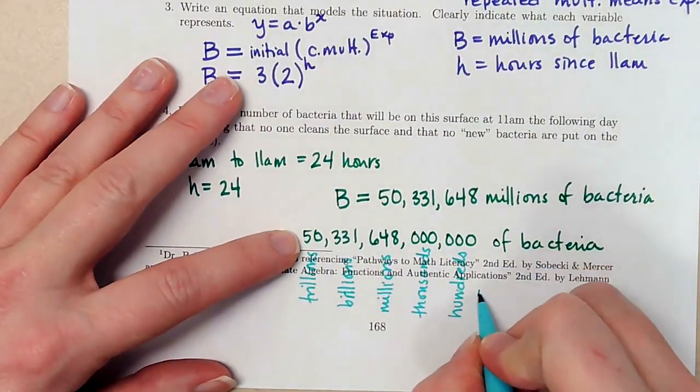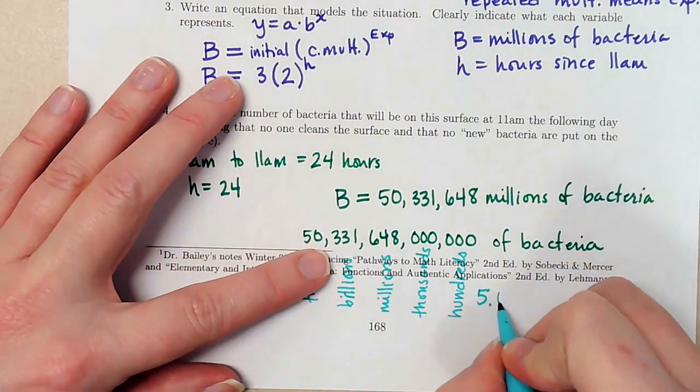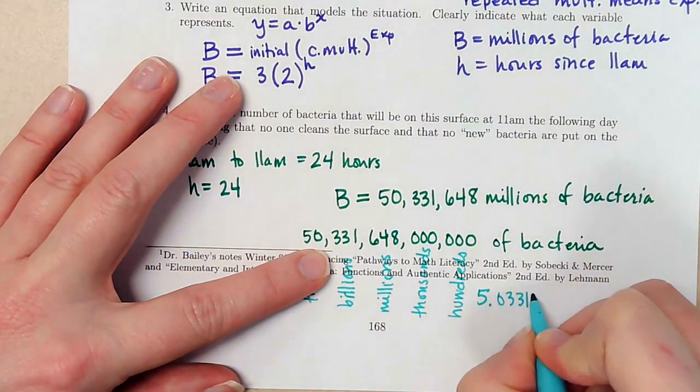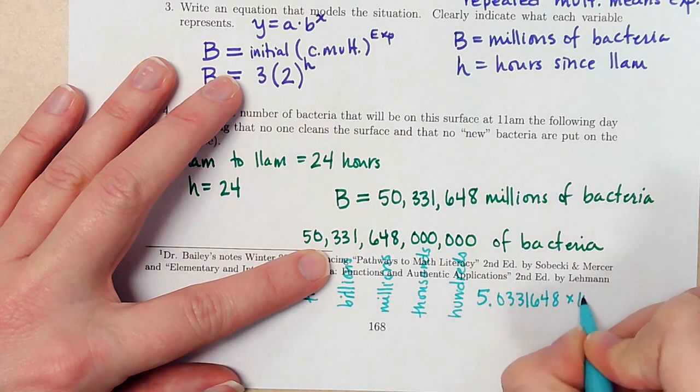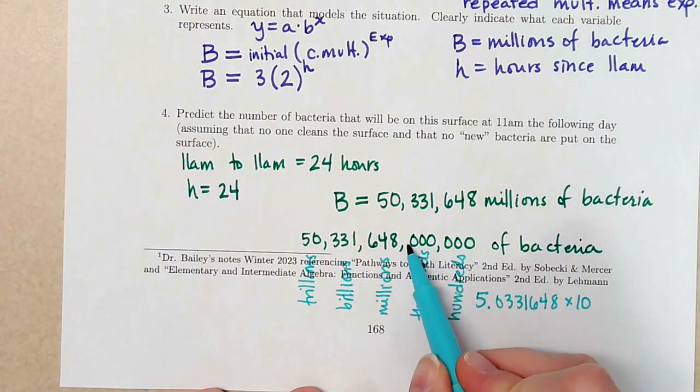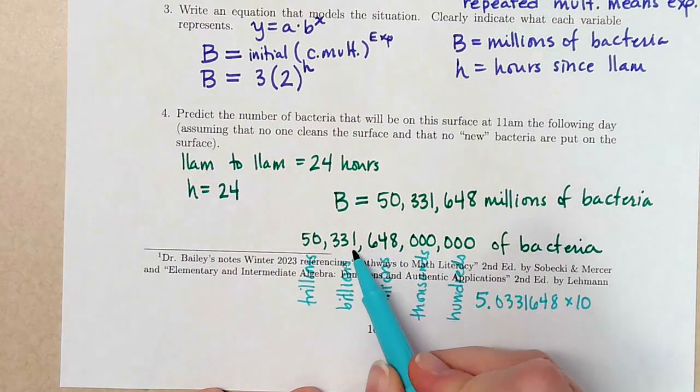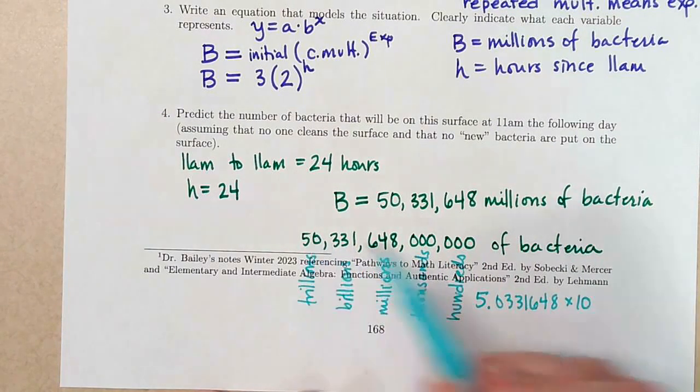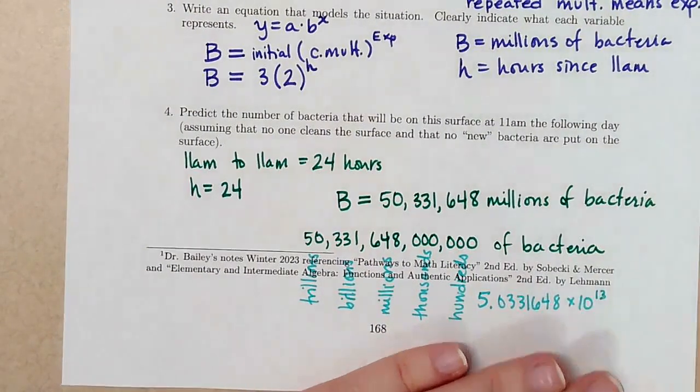If we were going to write it in scientific notation, we would have to count up 1, 2, 3, 4, 5, 6, 7, 8, 9, 10, 11, 12, 13.